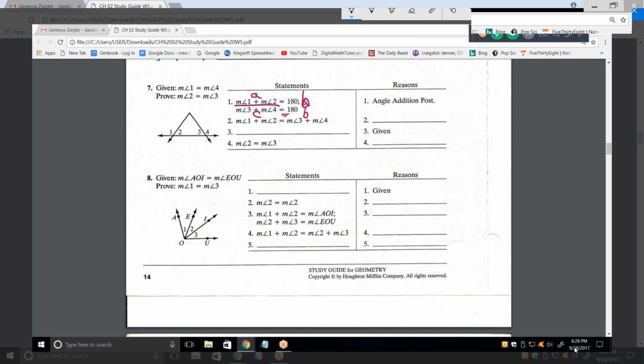Therefore, A is equal to C by the transitive property. So I'm pretty sure that one's the transitive.